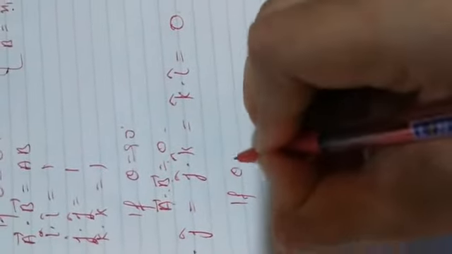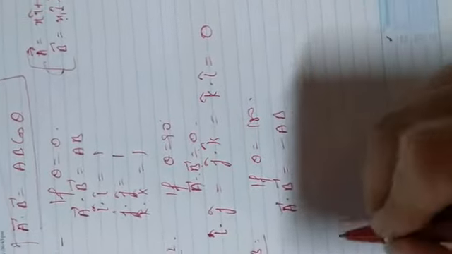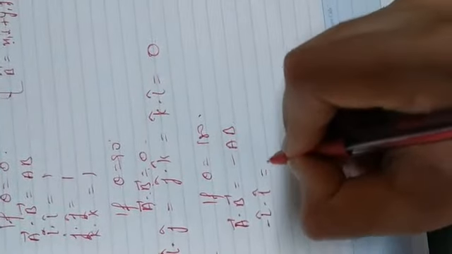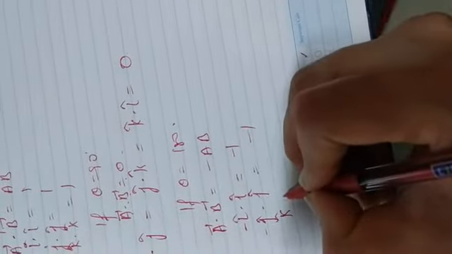Case 3: if theta equal to 180, then cos 180 will be minus 1, then A dot B vector equal to minus AB. Minus i cap dot i cap we can call minus 1, j cap dot minus j cap equal to minus 1, and k cap dot minus k cap equal to minus 1. Then we call it theta of 180.